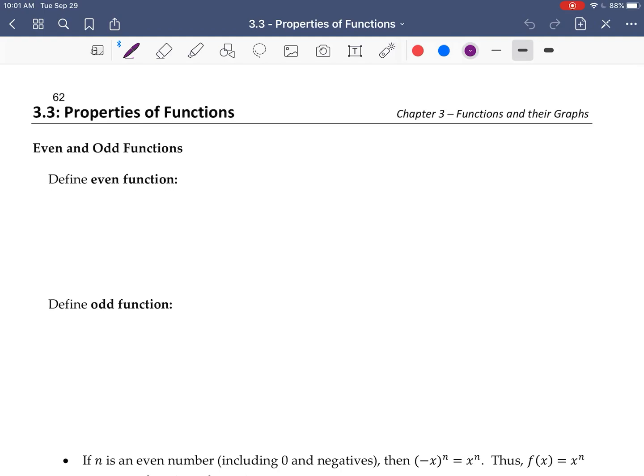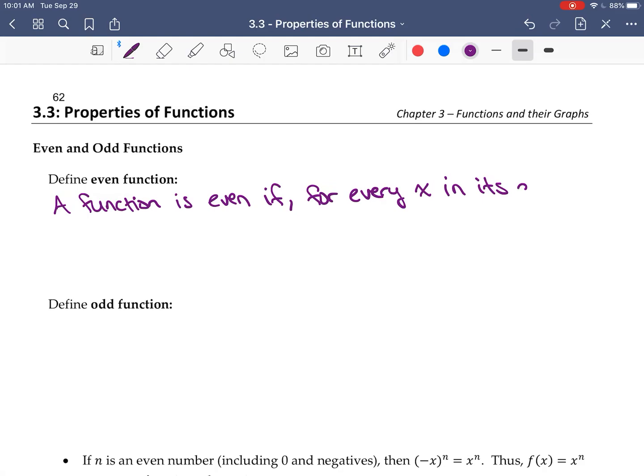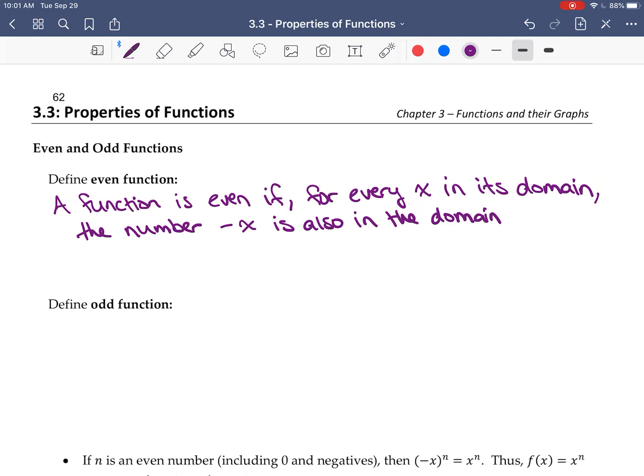So we say a function is even if for every x in its domain, the number negative x is also in the domain, with the same y value.